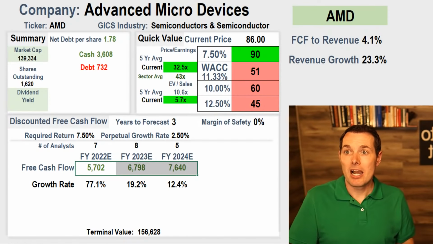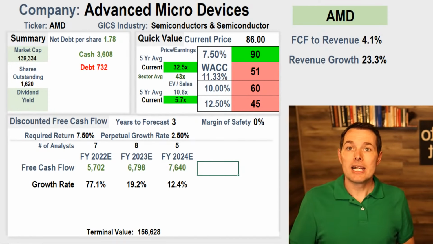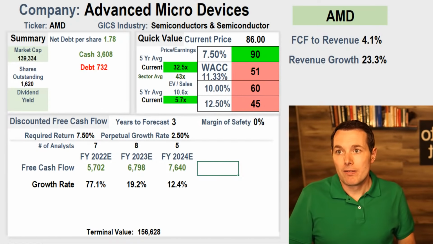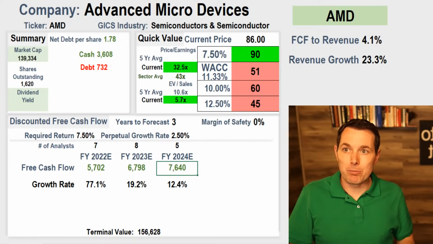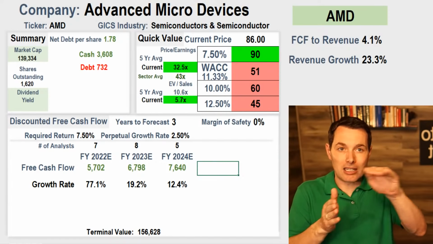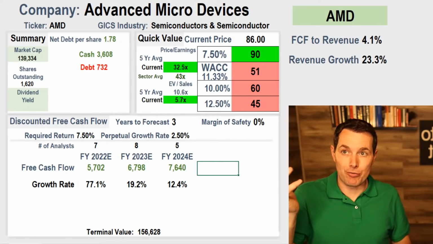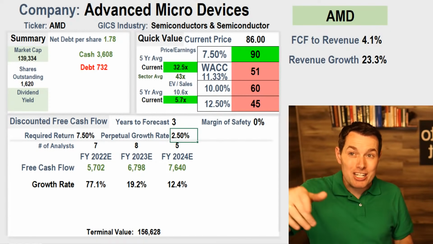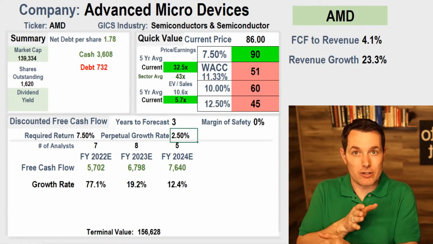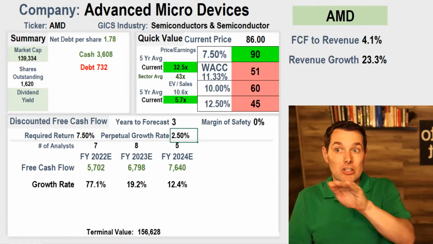Check that box, and then the next year we'll say, okay, it's going to grow off of analyst estimates. So 5.7, 6.7, 7.6, and then 8.1, some such number, and it'll gradually decline to get us to our perpetual growth rate. The way the spreadsheet is set up, it doesn't do that. It goes off of the last real year. But on the website, you'll be able to use either one.